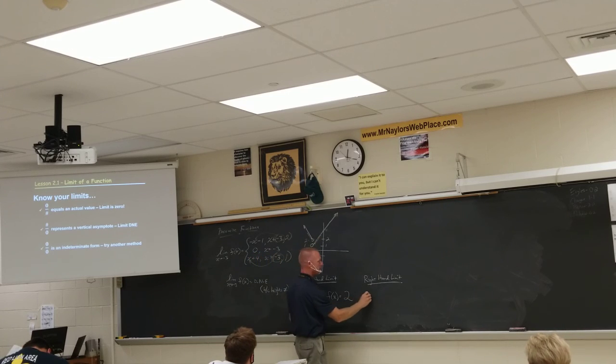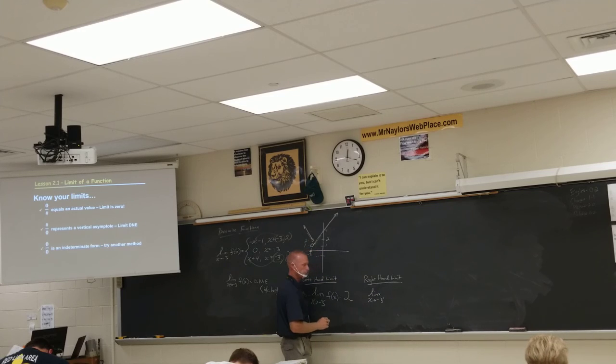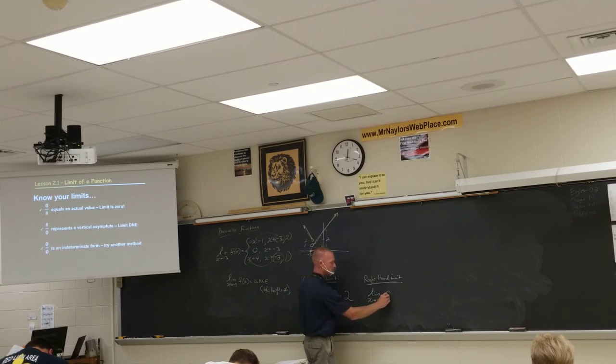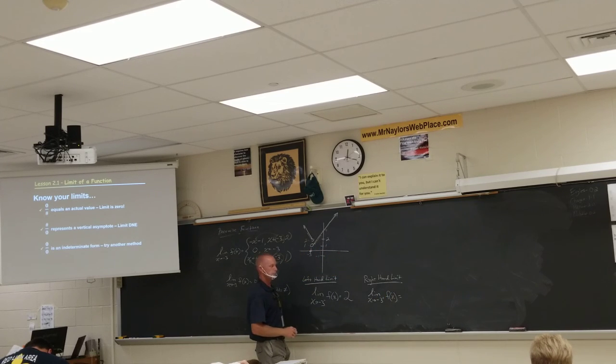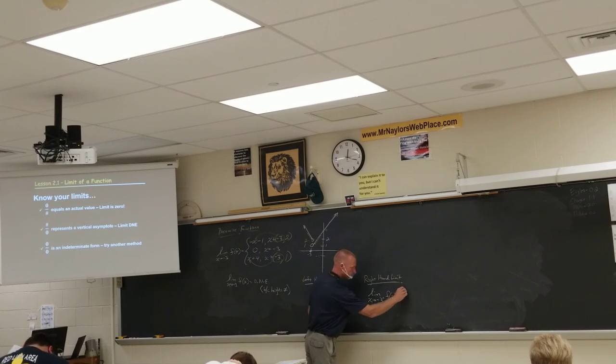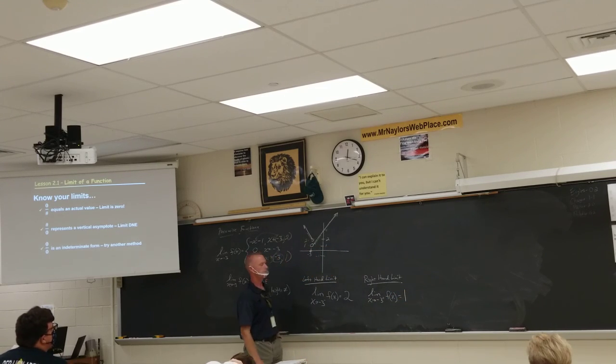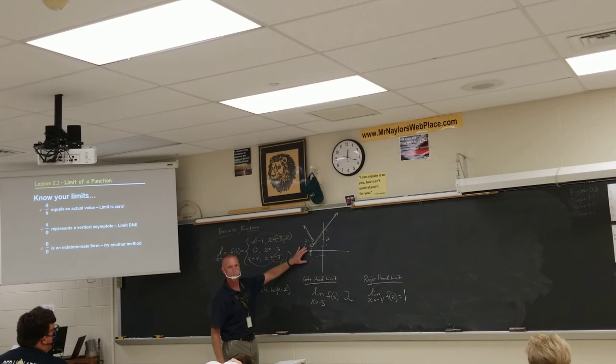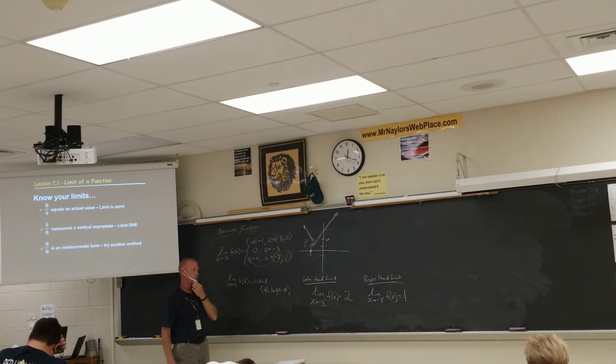But we denote that by saying the limit as x approaches -3 with a little plus sign. It's a superscript. You'll see it when it's printed in the textbook or on a paper, but it's not a straight mark. And that limit is equal to 1, because that was the intended height on the right side.